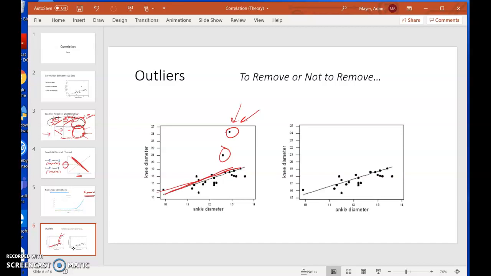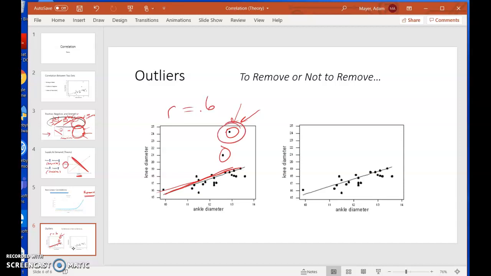Okay, it appears to be logical that as one's ankle increases, the size of their knee also increases. So that's a positive correlation. Now, with those potential outliers in there, we might have an R value that's not very strong. So perhaps R for this one is, I don't know, just making up, maybe 0.6. Okay.